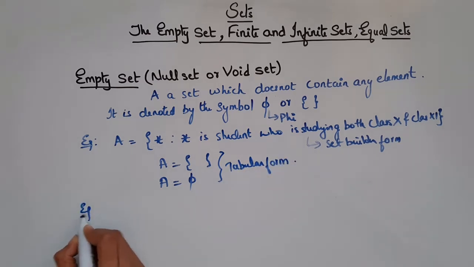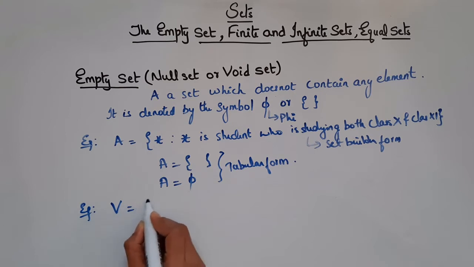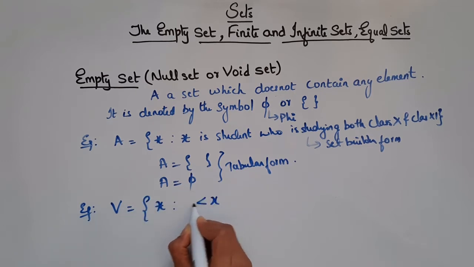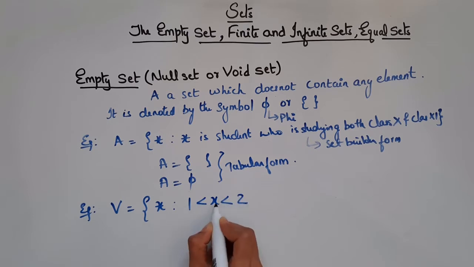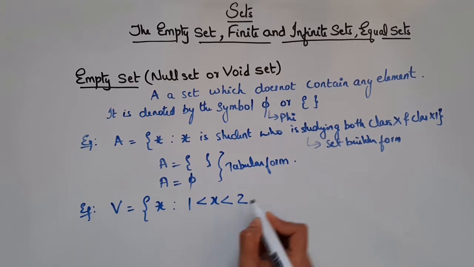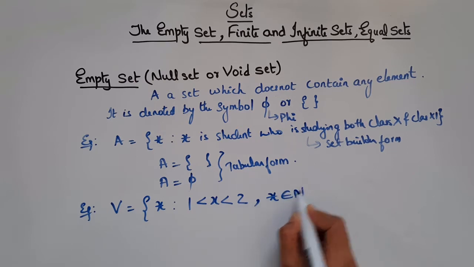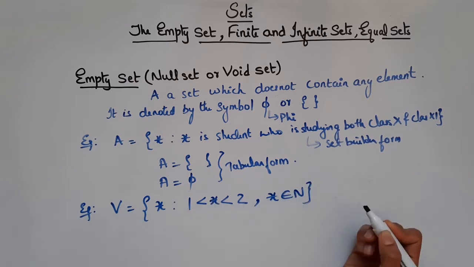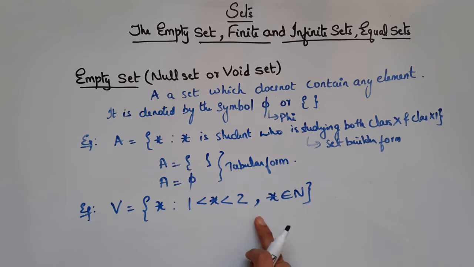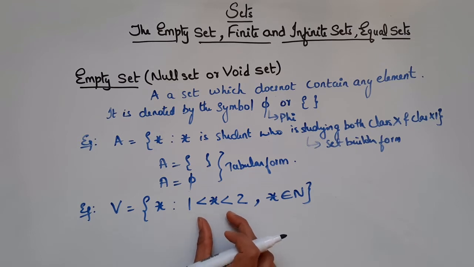Now let me give another example. Let's take a set V where x is the element of set V, x lies in between 1 and 2. That is, x is greater than 1 but less than 2 and x is a natural number. If you see, this set is also an empty set. Here x should take a value greater than 1 but less than 2, which means it is in decimals, right?